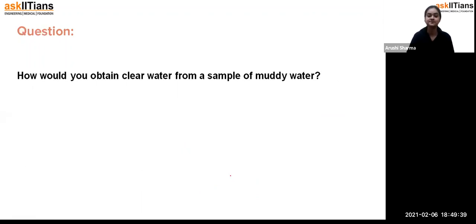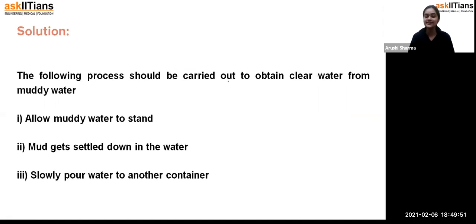Okay. How would you obtain clear water from a sample of muddy water? Now we are having muddy water and you have to obtain clear water from it. Obviously, student, we can use sedimentation again, and the process should be carried out to obtain clean water from muddy water. Allow the muddy water to stand.